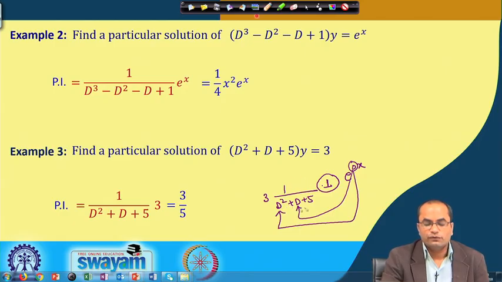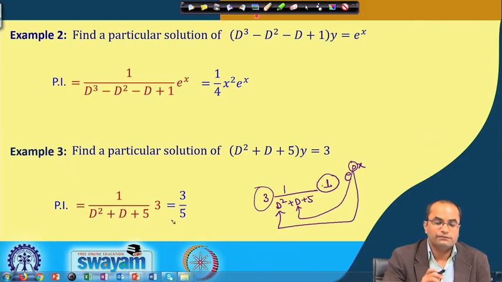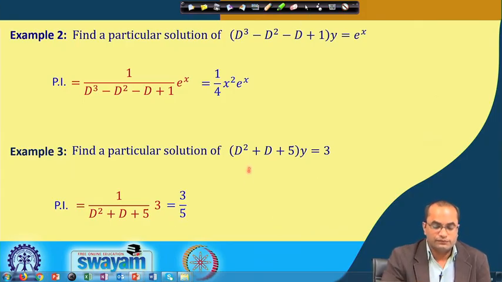So, we will get 1 over 5 here, and this 3 will be there. So, 3 by 5 is the value of this integral. This is one particular solution of this equation.